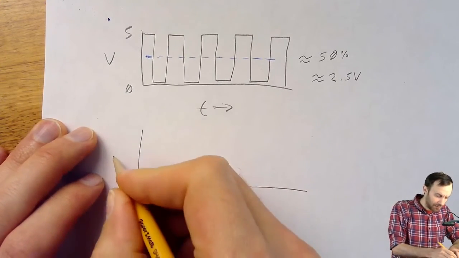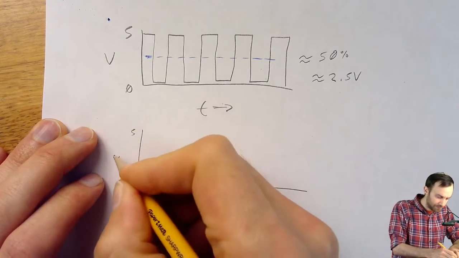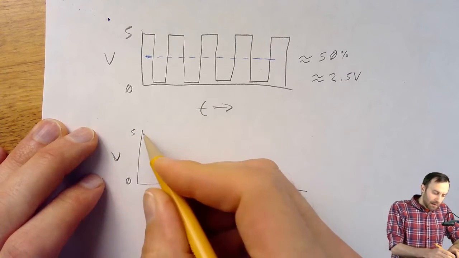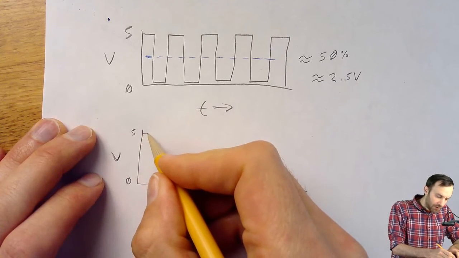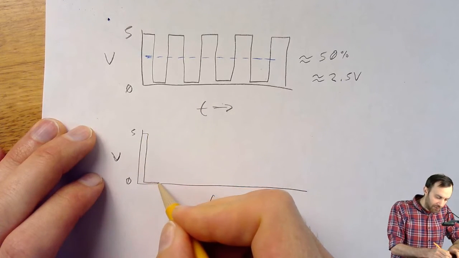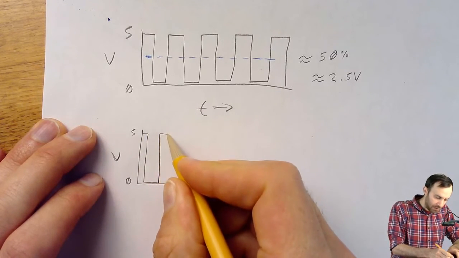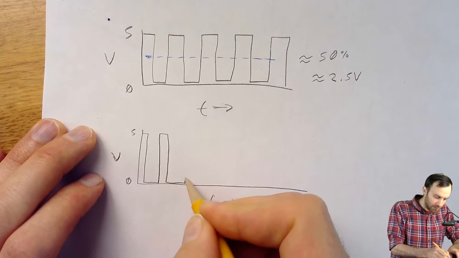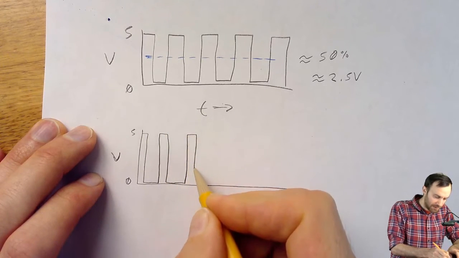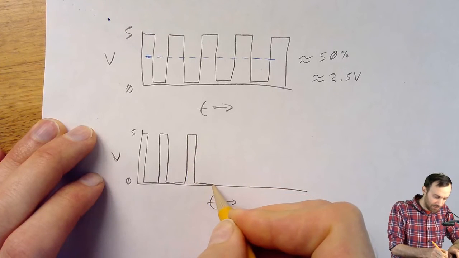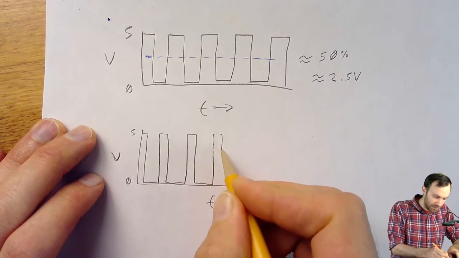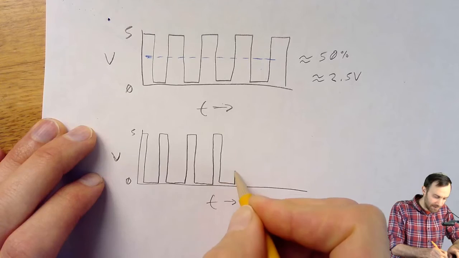Well, we just draw another graph, same idea. We're going to leave it on for a shorter amount of time and off for a longer. On for short, off for long. Something more like this. I'm not doing a fantastic job of representing it with my widths, but you get the idea.